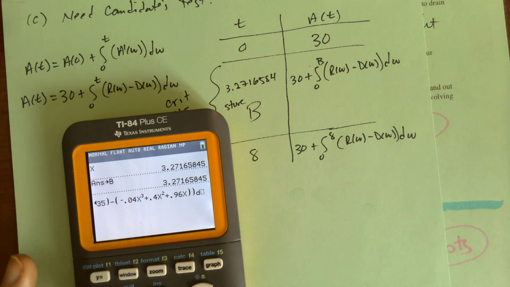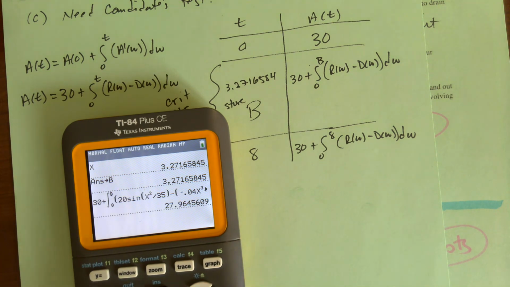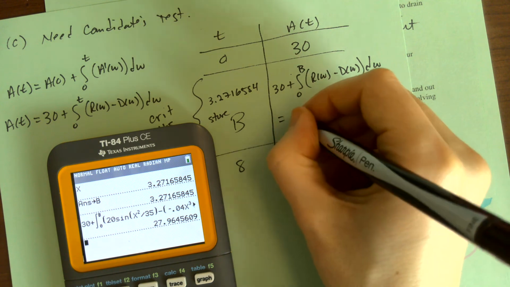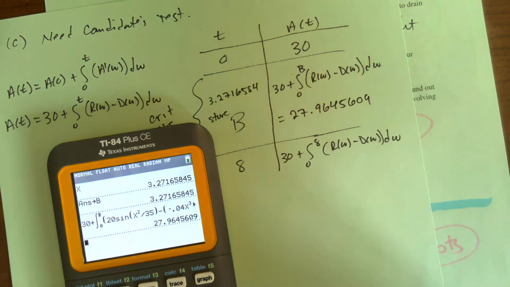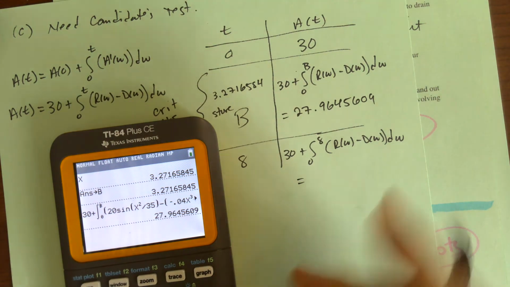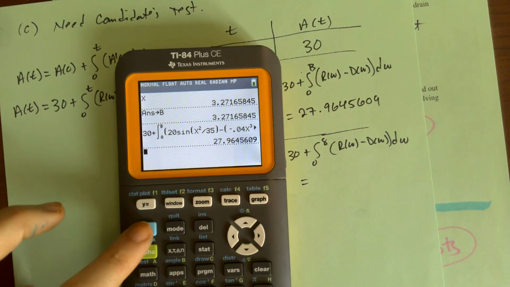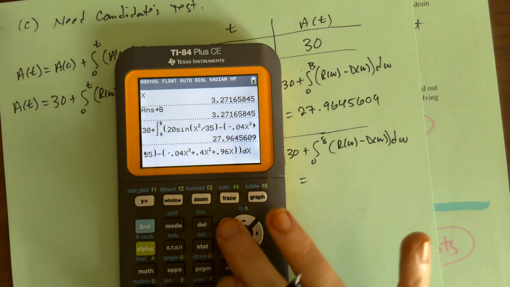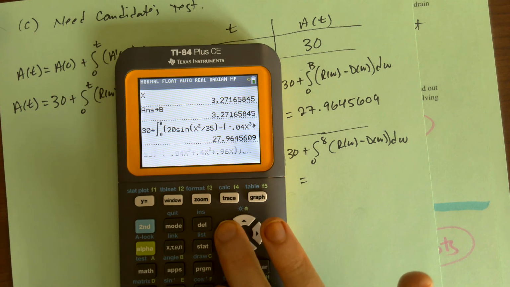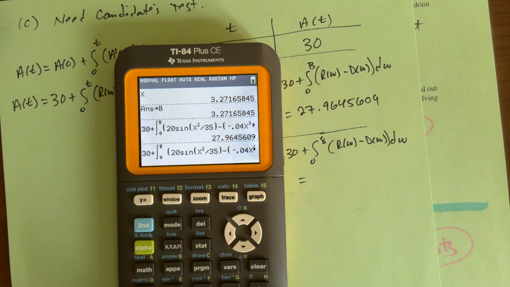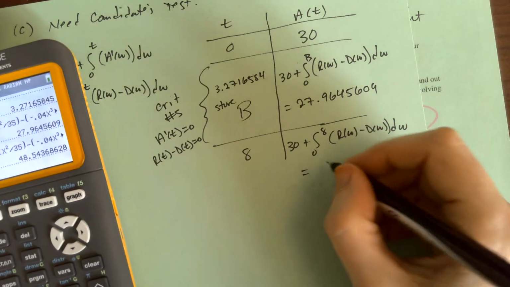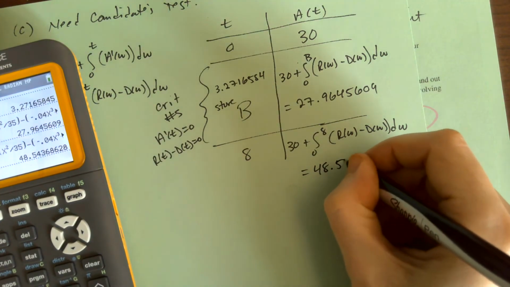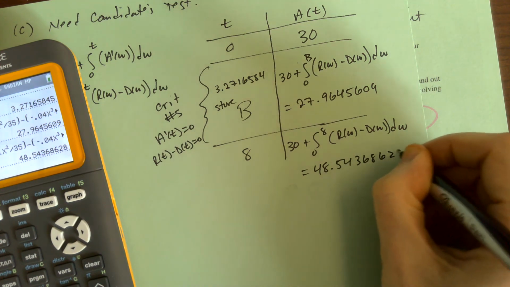Okay. Alrighty. This is 27.964569. And then for this one, I could just hit second enter, and that'll come up again. And then I just want an 8 instead of a B. 8. 48.5, okay, 48.543686 28.